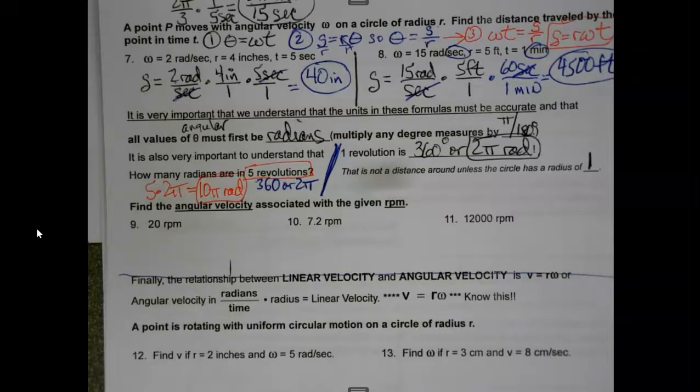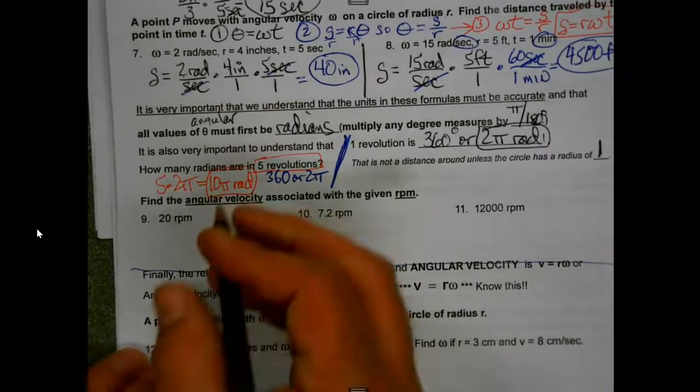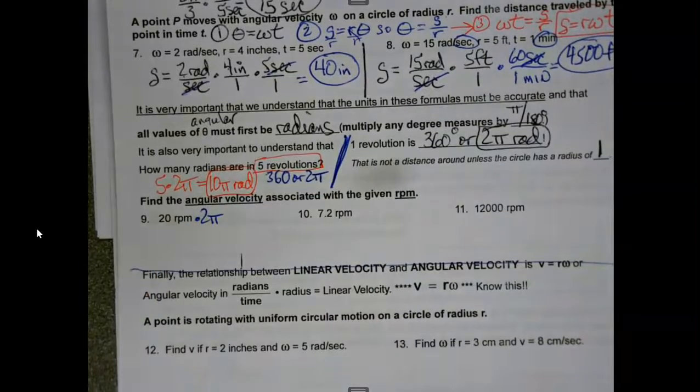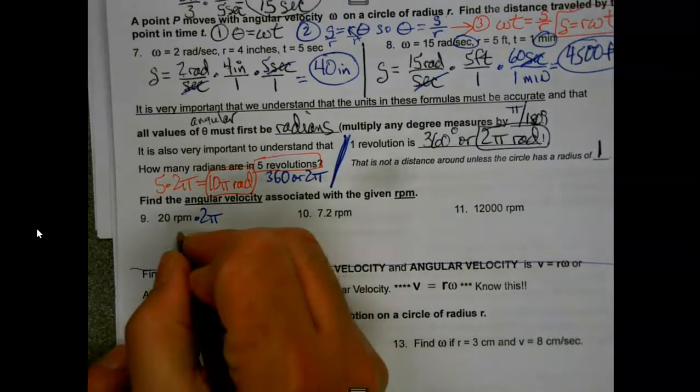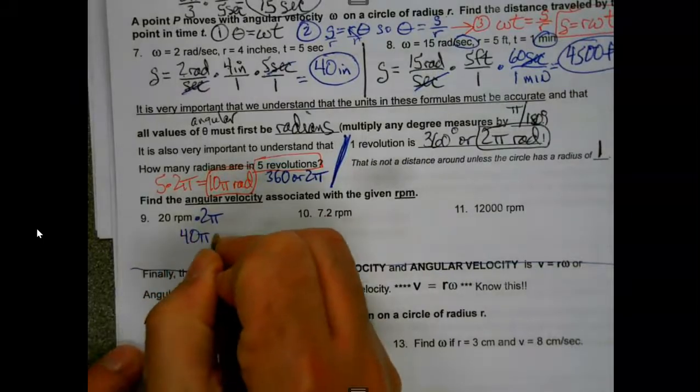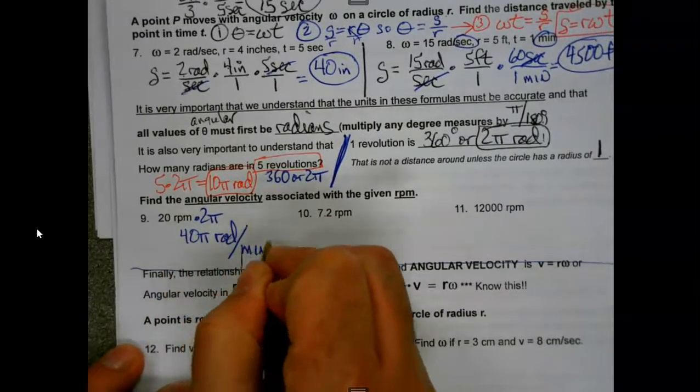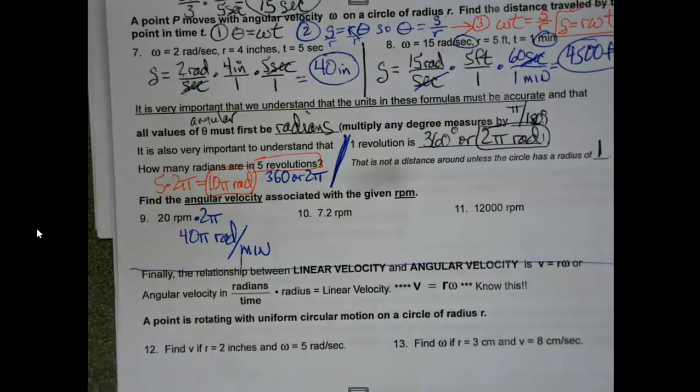So here's all you have to remember from all this. If you're given something in revolutions per minute, and you're asked to find the angular velocity, all you have to do is multiply it by 2 pi. 40 pi radians, and these are always going to be in minutes.